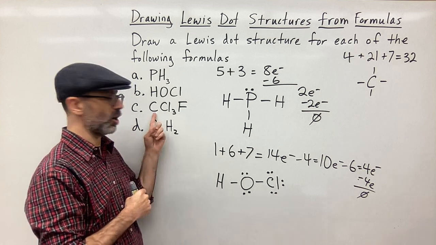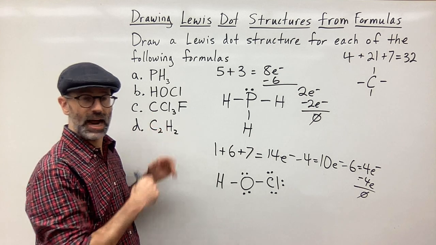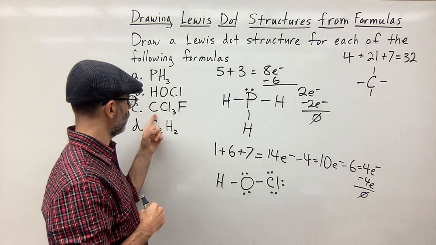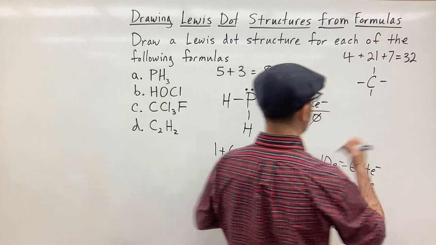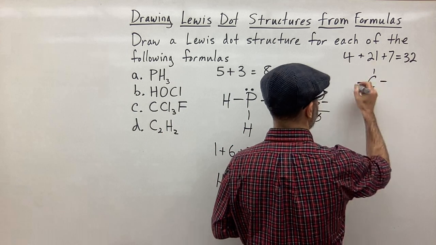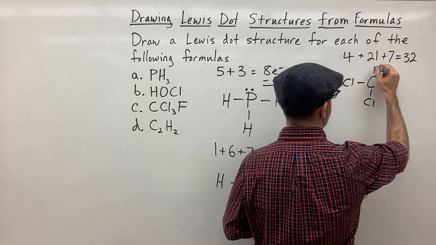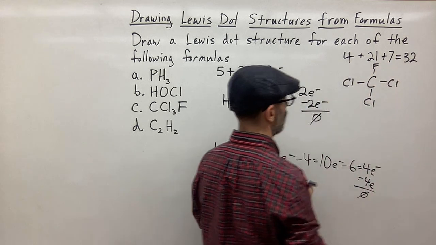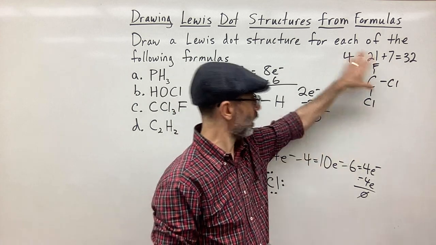In this case, carbon has 4, which is the most unpaired electrons you can have for the Lewis dot symbol. So again, central atom. And then I'm going to add my atoms. So I have chlorine, chlorine, chlorine, and I'll put fluorine there. So there's my skeletal structure.